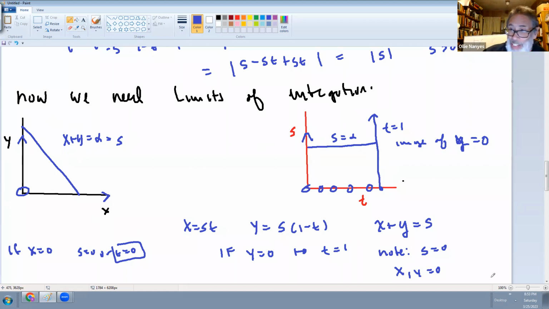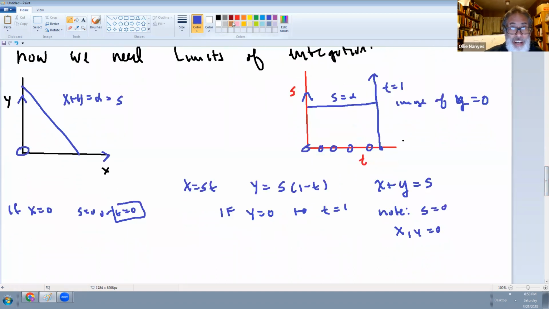Now, the other interesting thing is I have not solved for t. We've already solved for s. Let's solve for t.